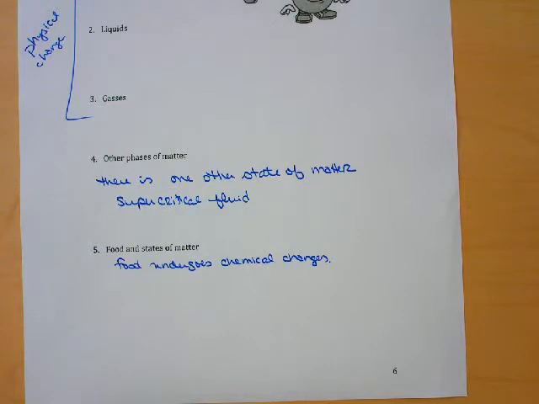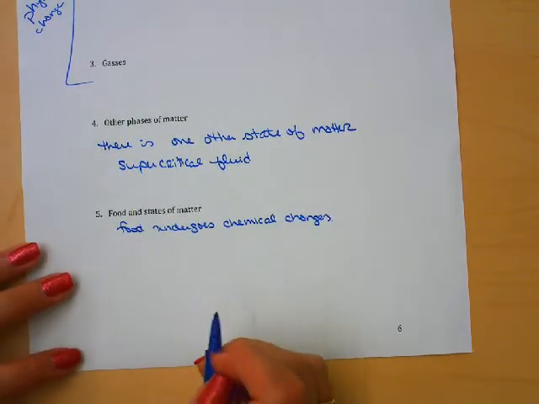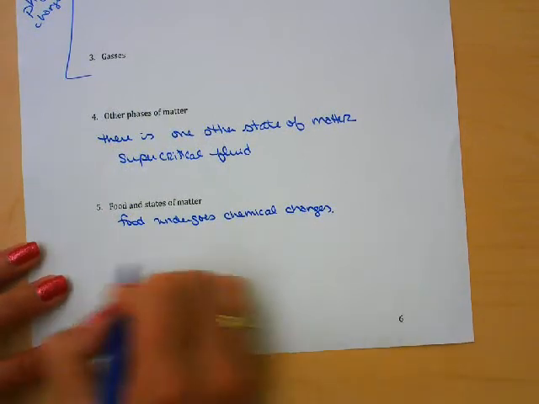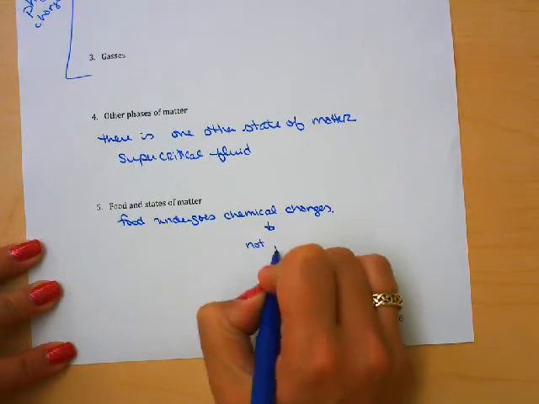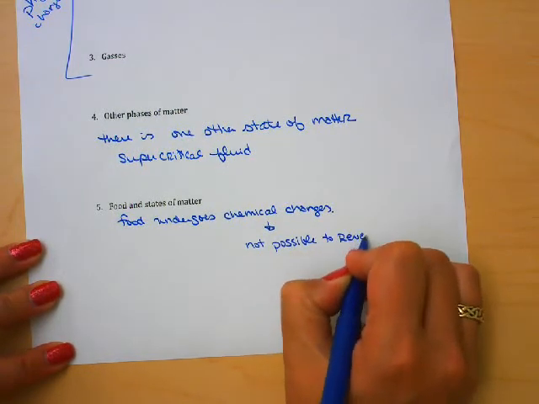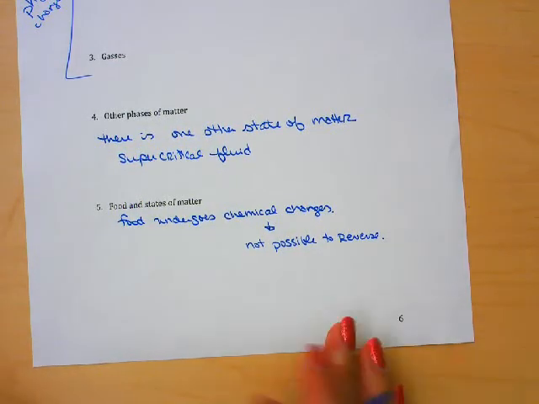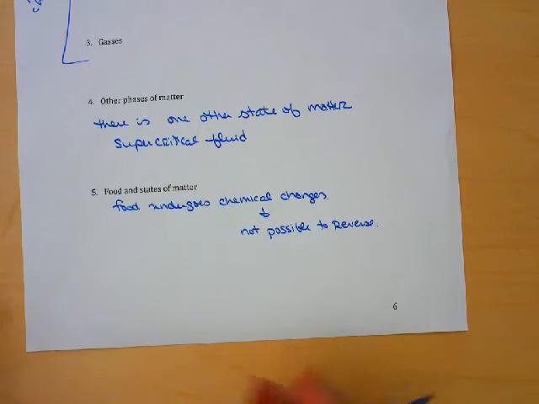And you can't unbake a cake. So you've done a chemical change that is not possible to reverse. So, these chemical changes.